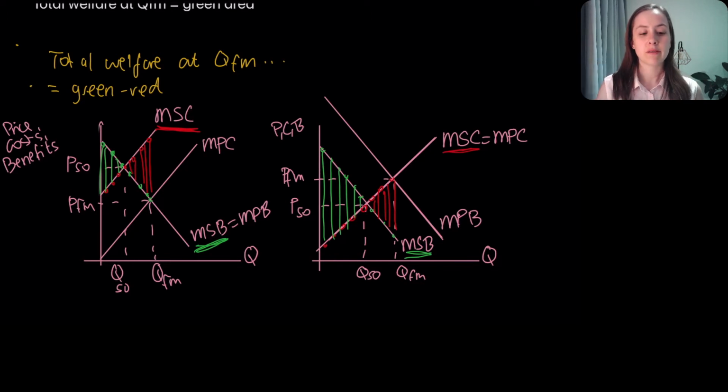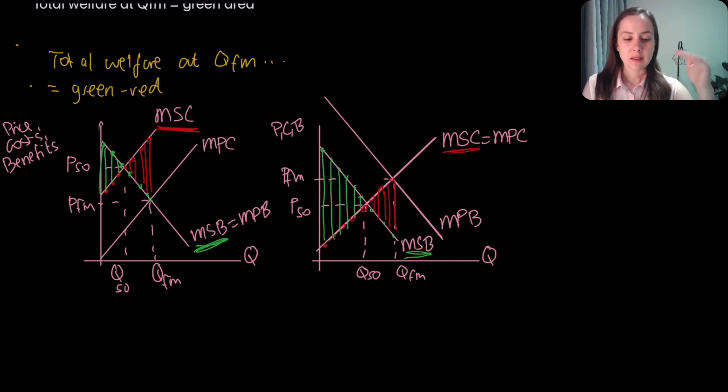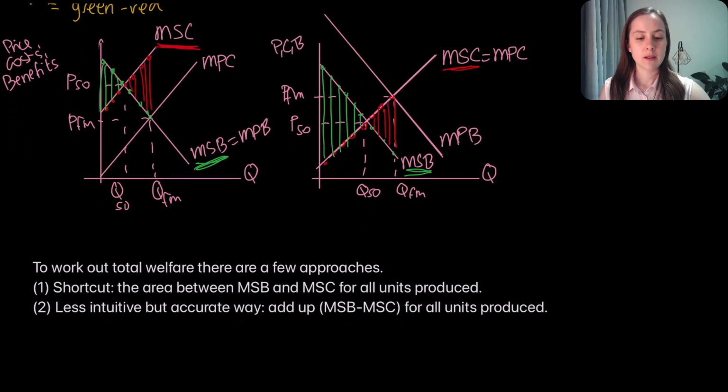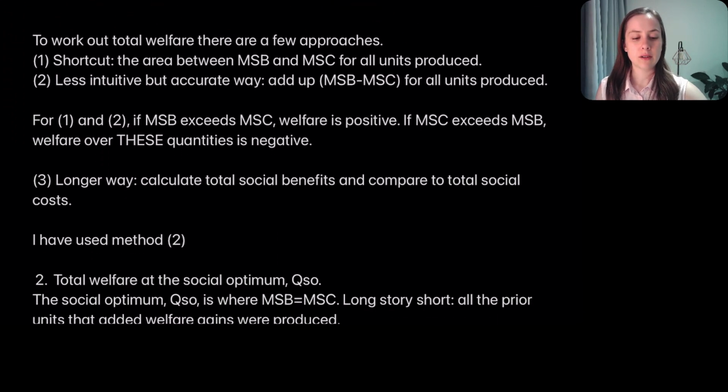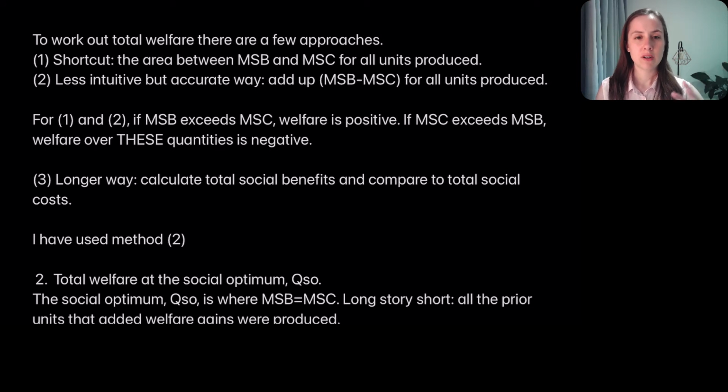So the total welfare is the sum of all the welfare impacts, which is all the difference between all the benefits minus all the costs. And that's the sum of all the MSBs minus all the MSCs, giving you the green minus the red areas. Got here written down how I've worked that out. I've used method number 2.